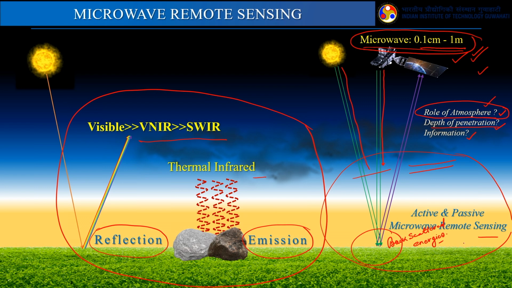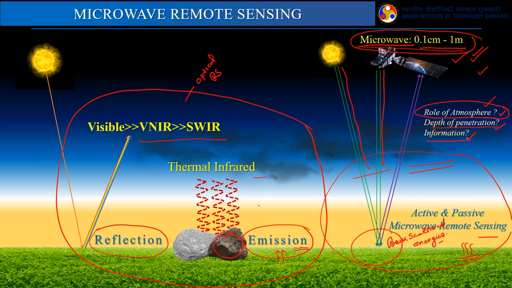So, the depth of penetration will be more here compared to your optical remote sensing, because these two are known as optical remote sensing. This is microwave. In microwave remote sensing you have more depth of penetration, whereas the emission, it is not following the depth of penetration of the light, it is the volumetric property, right.